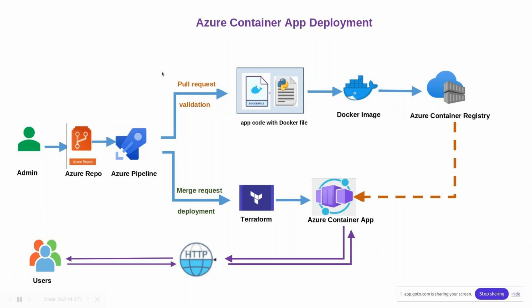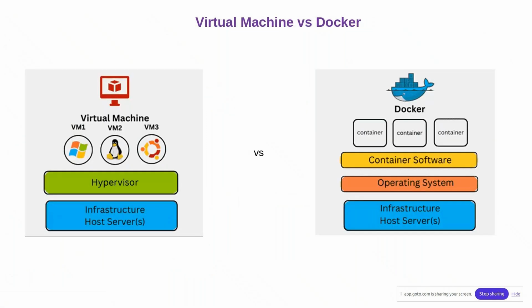So before entering into the specific architecture or specific use case, first we need to understand what is Docker, right? So I hope you guys already know what a virtual machine is, right? A virtual machine is something which will be running on top of some hypervisor OS, right?